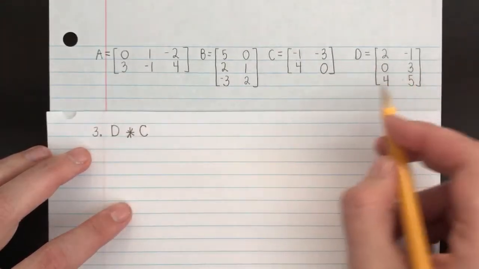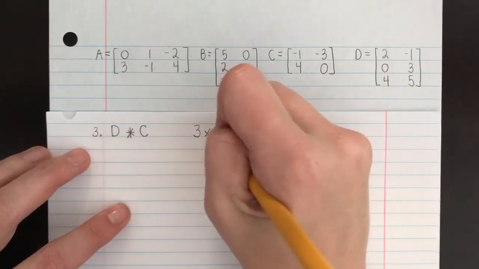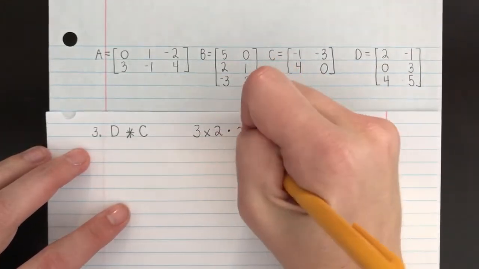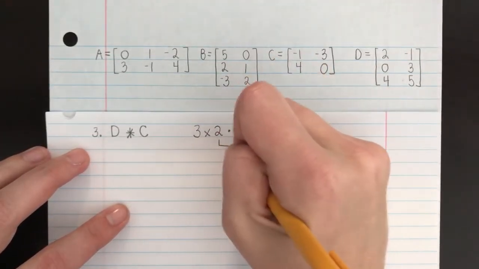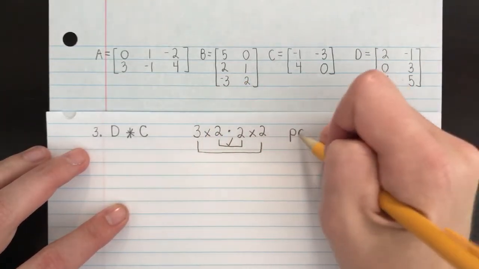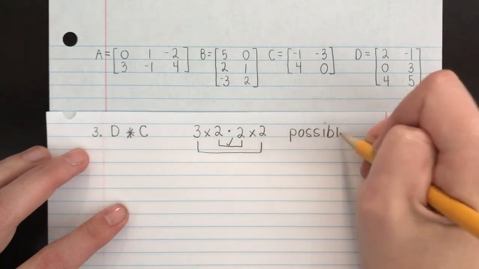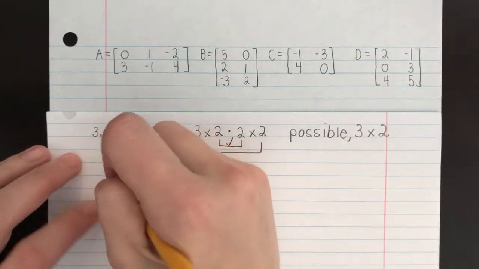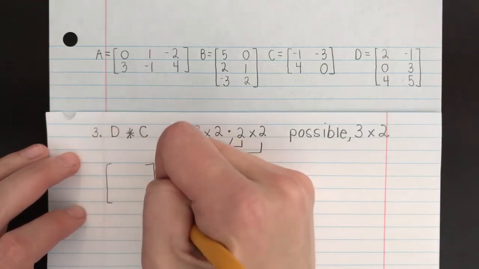So matrix D is a 3 by 2 times matrix C is a 2 by 2. Okay, so yes, it's possible, and my answer is a 3 by 2. So we're familiar with that, we just did that.